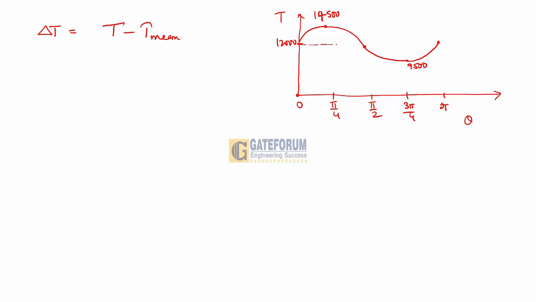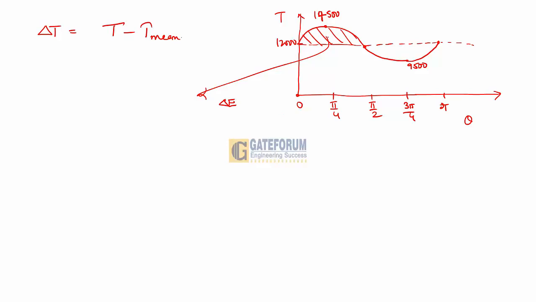So the mean torque line will be this. This area represents delta E, the fluctuation in energy.